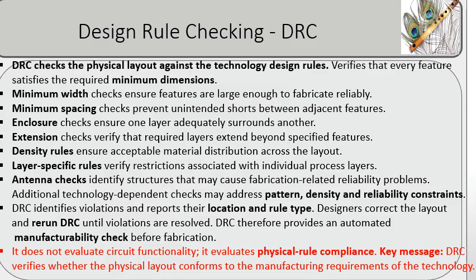In addition, modern technologies may include checks for antenna effects and other process-dependent reliability requirements. When a violation is detected, the DRC tool identifies the affected location and the corresponding rule. The designer then modifies the layout and repeats the verification process.